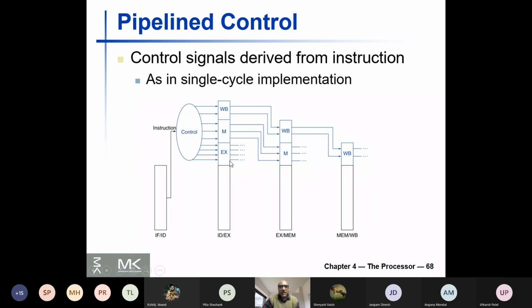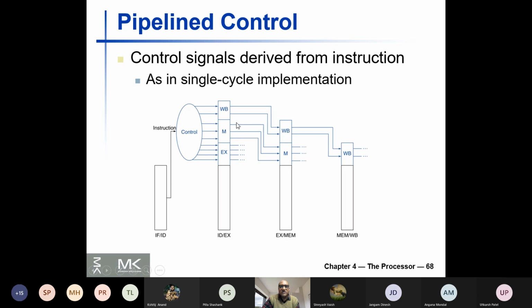Here all control lines are available, but in the next clock cycle the instruction will be executing in the EX stage, the third stage. So all the control lines are available here, but since it's in the execution stage, the signals that correspond to the execution stage will be passed on to this particular stage, right?